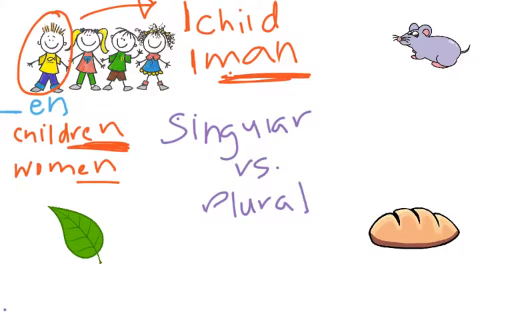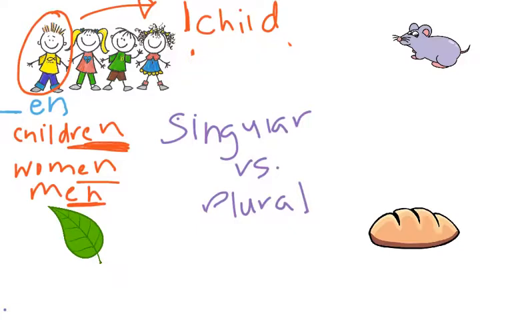And we're referring to one unit, one grown boy or one man. But if you want to say multiple of that man, we would say men. Again, we're seeing that en pattern at the end. So that is one example of an irregular plural.